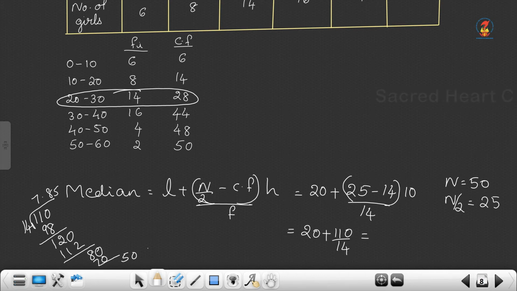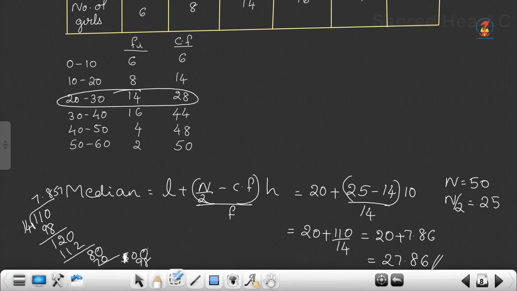So 5. So 7.85. Then in 50, no, it is 10, that is in 100. In 100 again 7, okay, 98. So 20 point, we can round, 7.857, that is 7.86. So the median is 27.86.